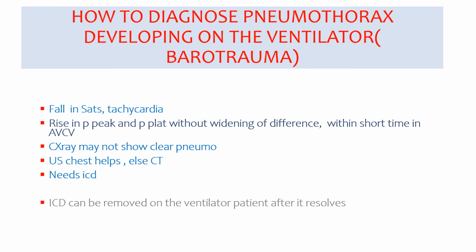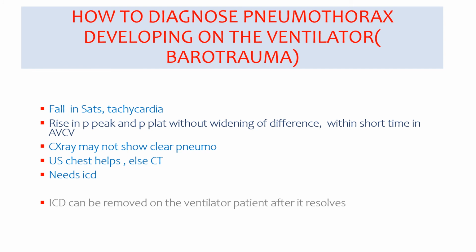The difference in P peak and P plateau pressure is very small, and it remains small in pneumothorax, because in diseases of the parenchyma this remains small. In diseases of the pleura, the difference remains small. It is only in diseases of the airways that the difference widens.